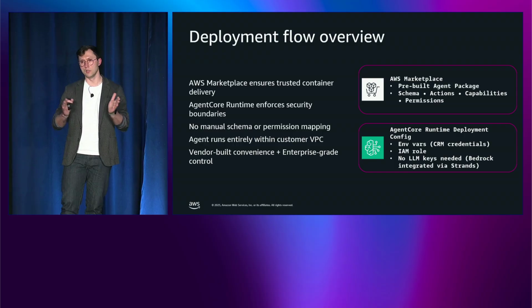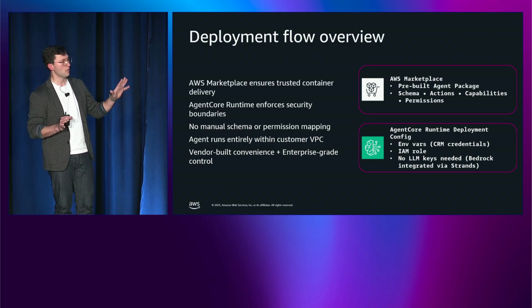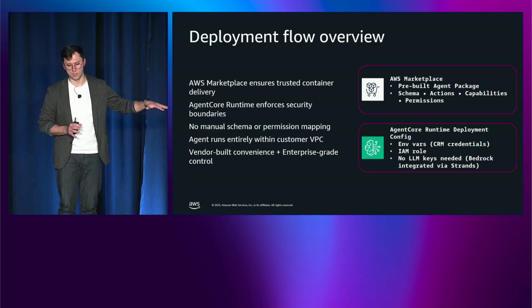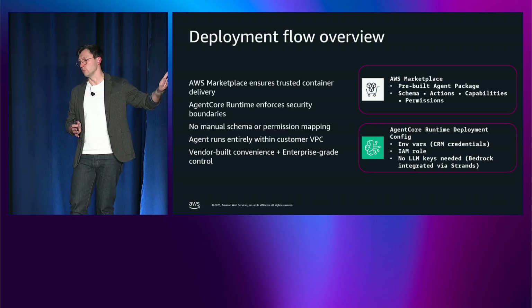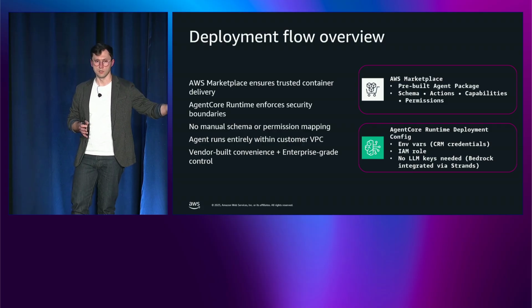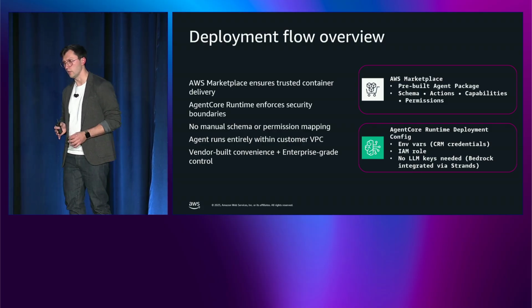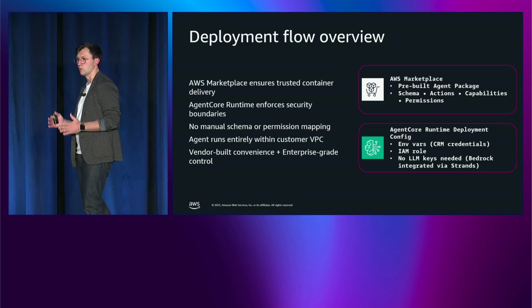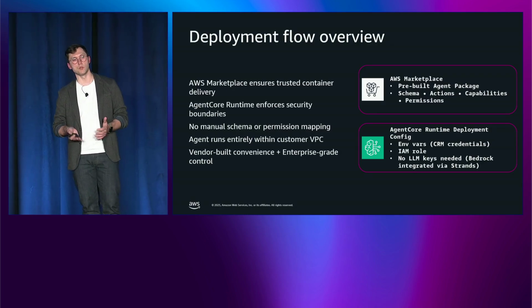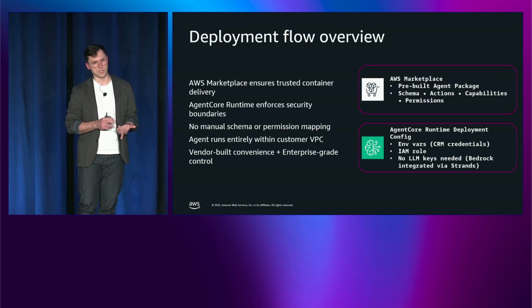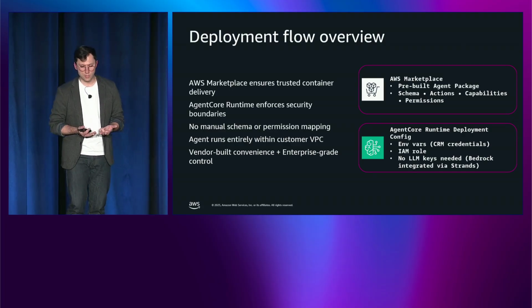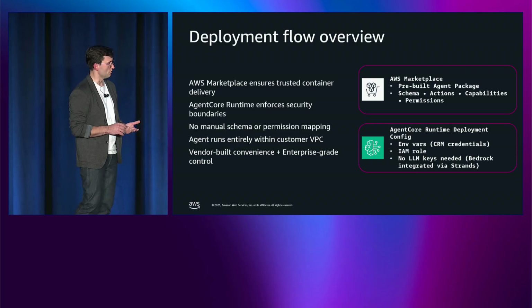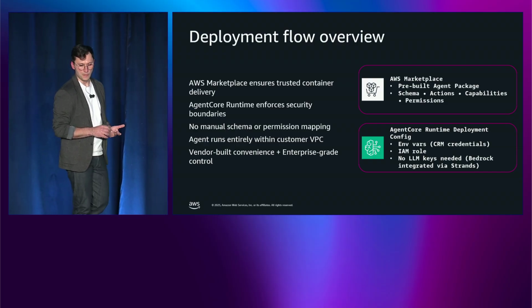Once it goes to the Agent Core runtime side, that's where you get all the benefits of running these agents within your VPC. You get IAM role configuration, where you start by either creating a new IAM role or selecting an existing one, where you define the minimum required set of permissions for this agent to operate properly, which usually requires access to Bedrock LLMs, the tools you're using, or other internal resources the agent requires.